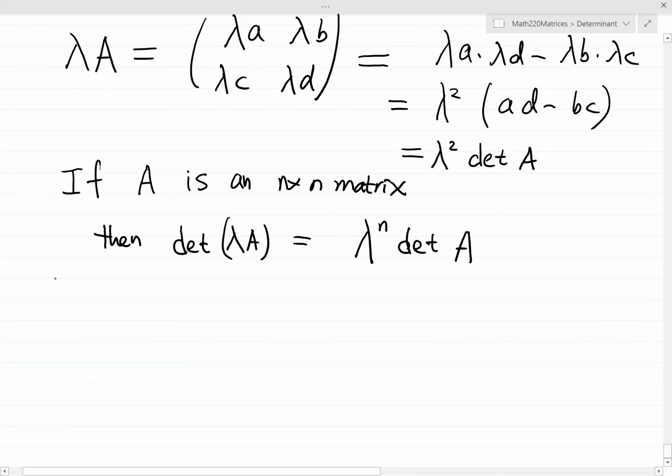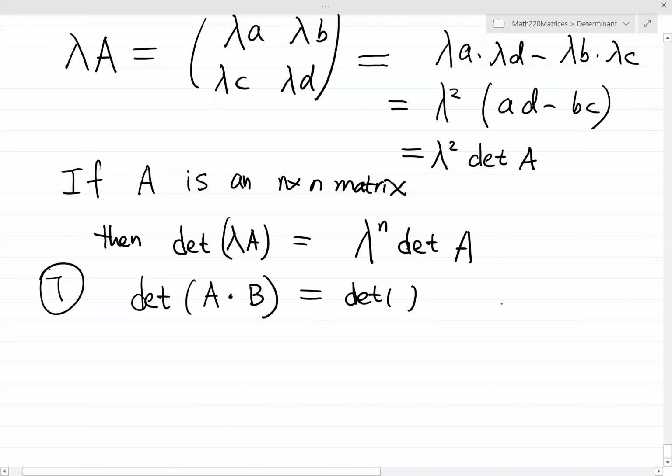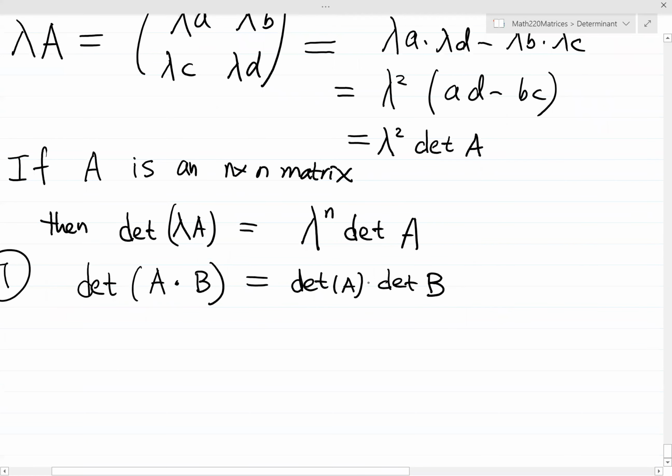Now the next property, property 7: the determinant of A times B equals the determinant of A times the determinant of B. Of course, a determinant is a number, and for two numbers, multiplication is commutative, so you can switch them and you get the determinant of BA.